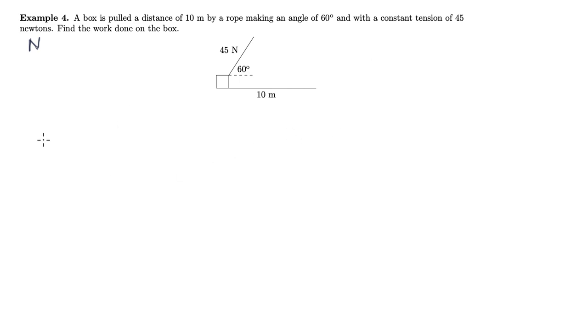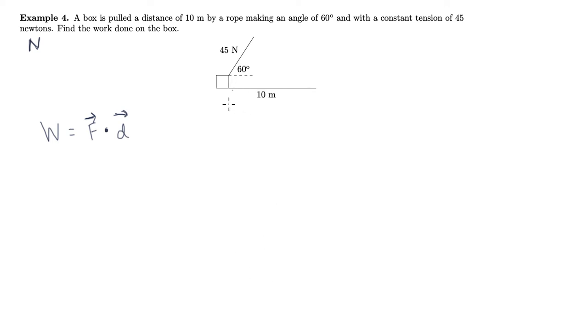Well, what we need to know is that work done on an object by a force is just you take the force vector and you take the dot product with the displacement vector. And the displacement vector is just where it is traveling.